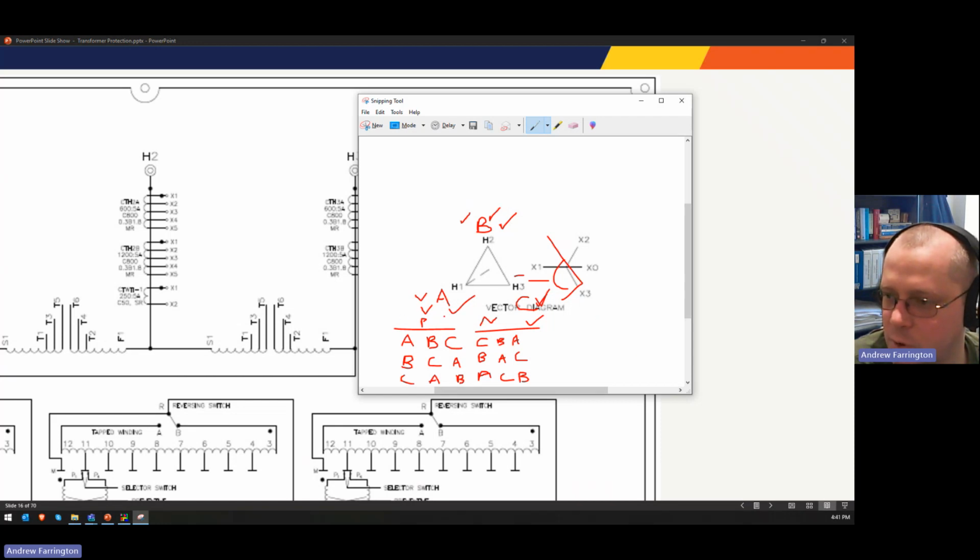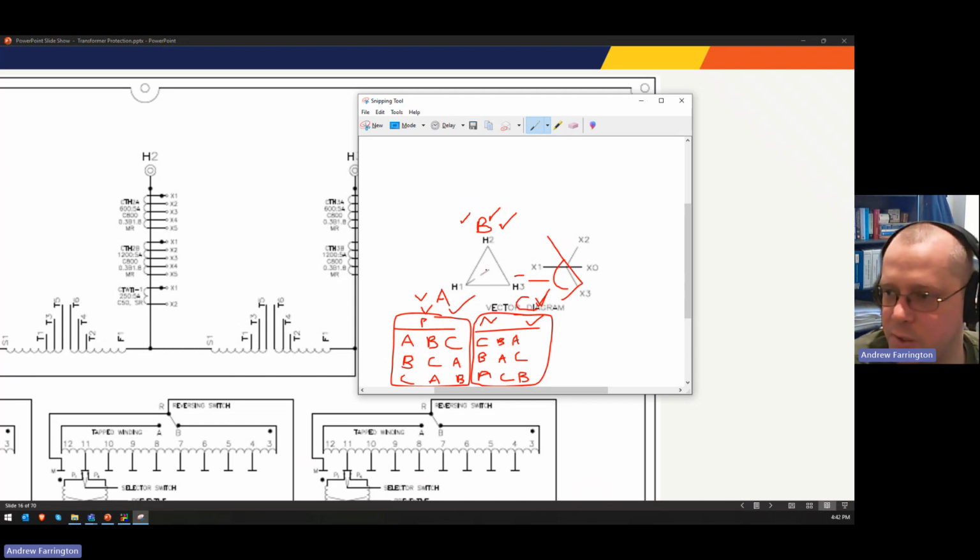So if your phase connections to the high voltage winding are any of these, then your phase shift matches the vector diagram. If it's any of these, then your phase sequence does not line up, it's reversed, and your phase shift will be the other direction.